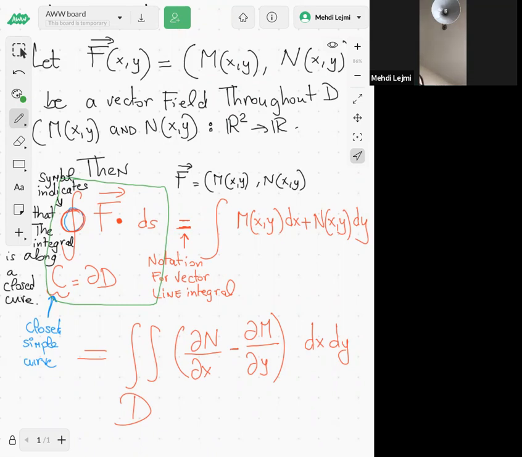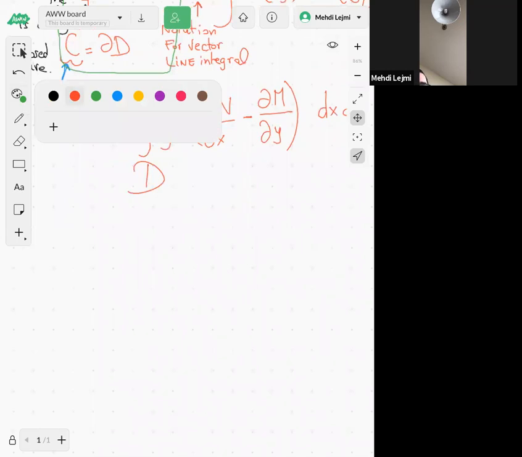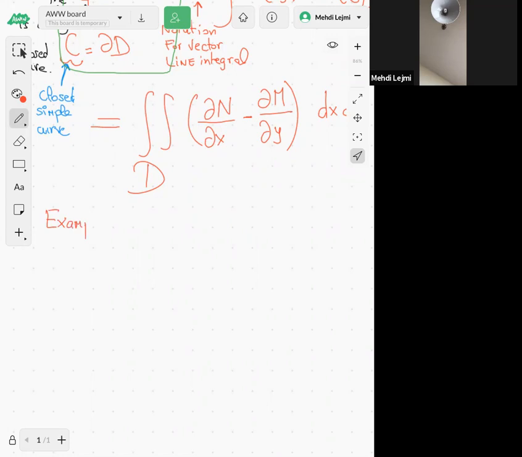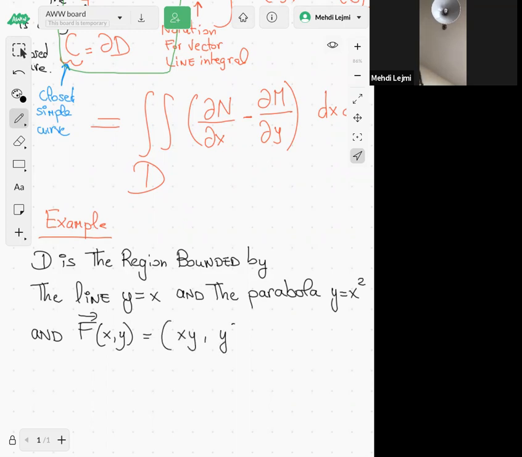So let's do a numerical example. Let's say D is the region bounded by the line y equals x and the parabola y equals x squared, and let's say my force field F is equal to xy, y squared.